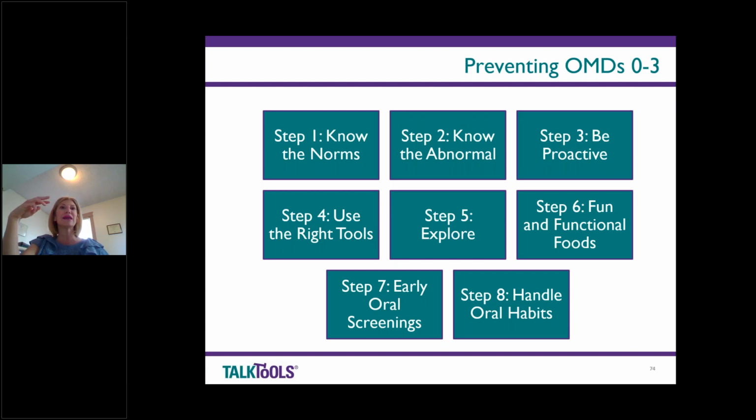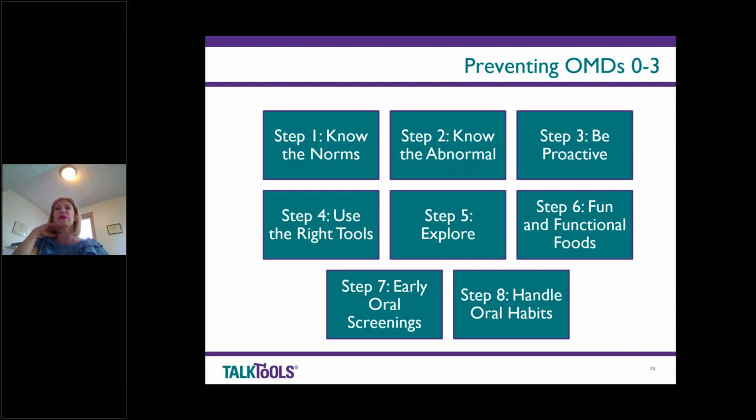Step 3, be proactive with those developmental norms. You want to make sure you're ending things like bottle and pacifier at the right time and introducing foods at the right time. 4, using the right tools, avoiding sippy cups and spouted cups, introducing mouthing toys appropriately.